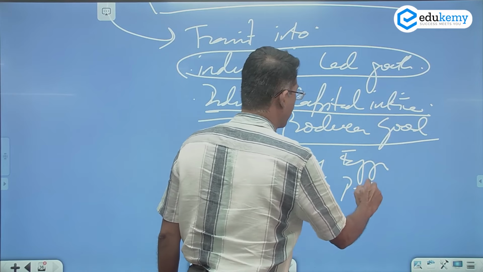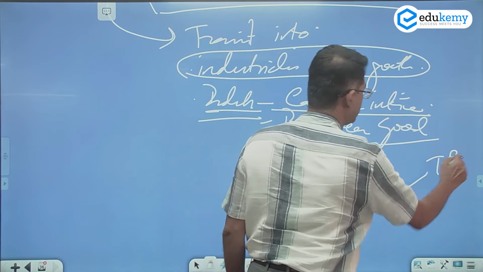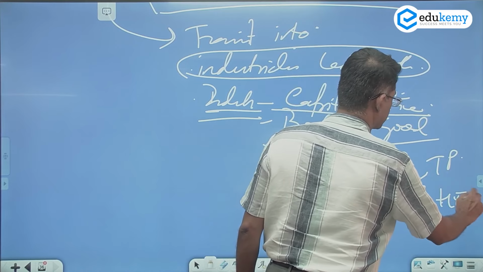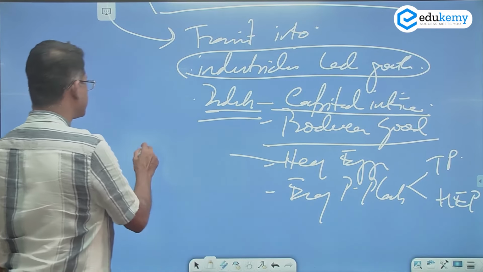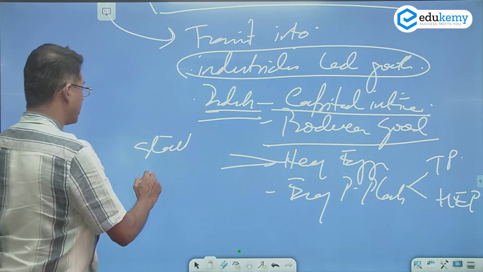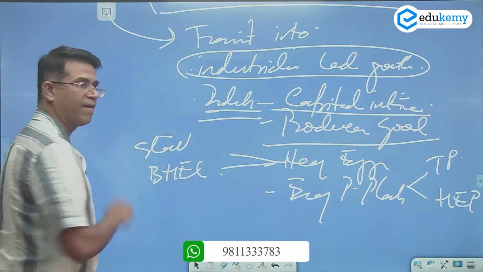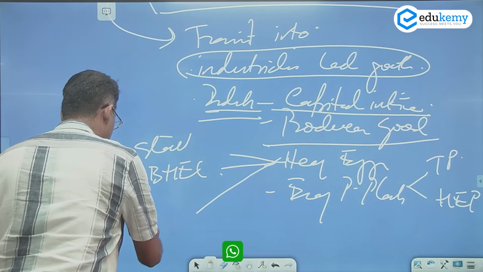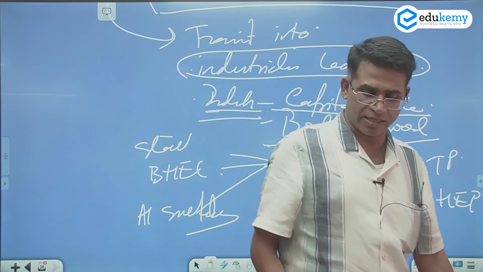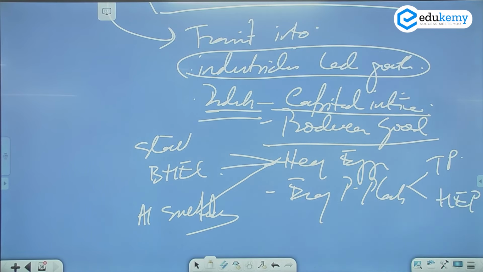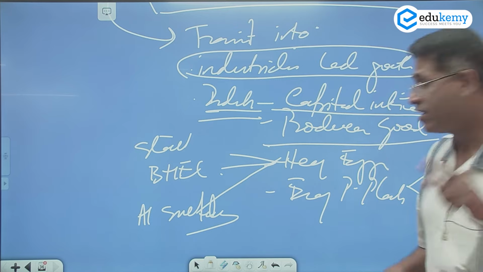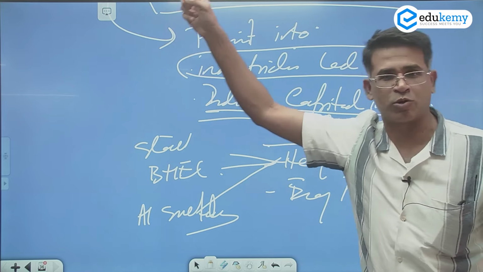energy power plants, so thermal power plants and HEP projects, heavy engineering, steel industries, BHEL, aluminium smelters, industries which are capital intensive, industries which are heavy engineering, and energy power plants, thermal power plants and HEP, because the idea was propulsive industries: if they grow, then everything else will grow.